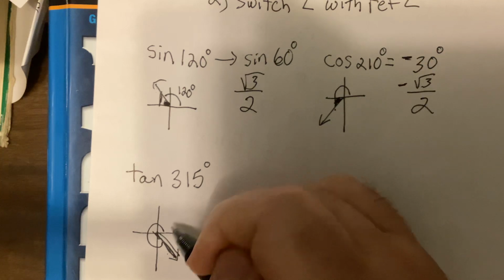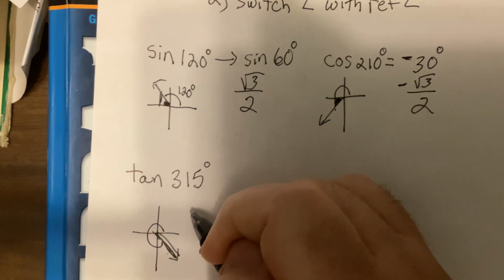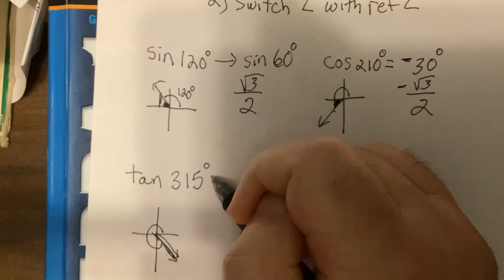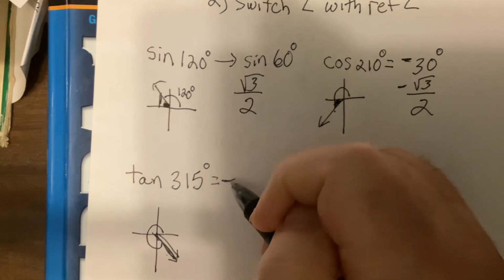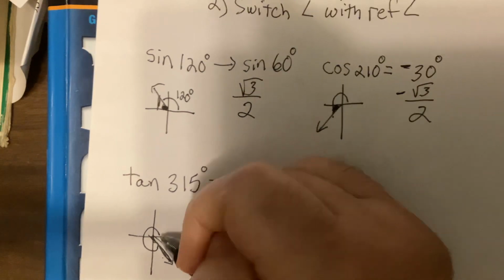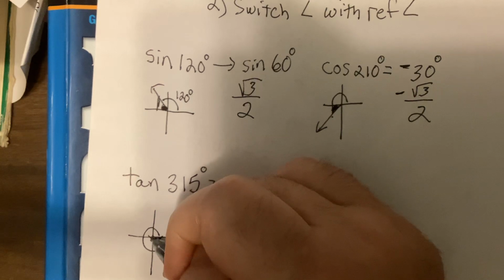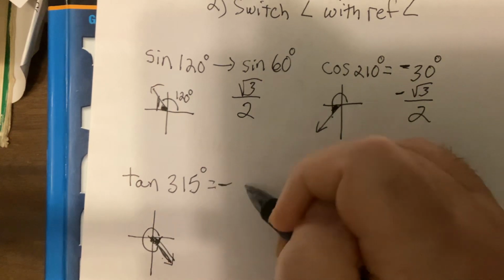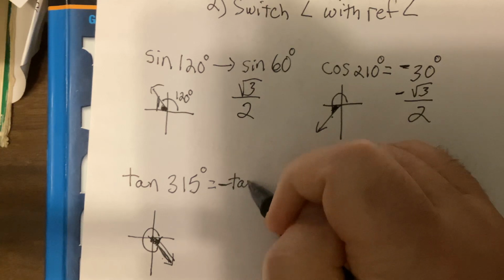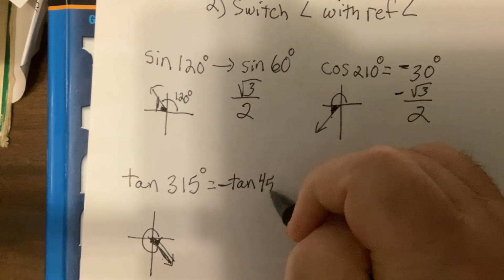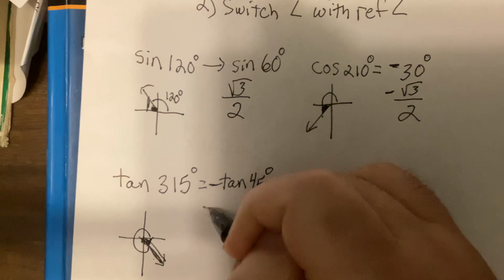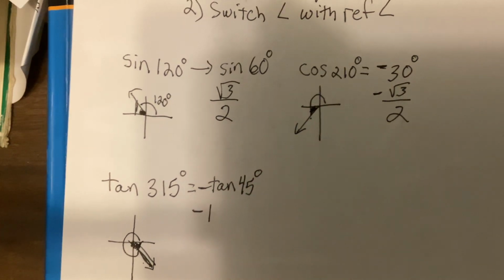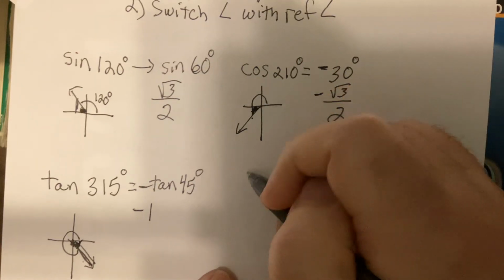A negative divided by a positive is negative, so we know it's negative. And how many degrees is between the terminal side and closest x-axis? Well, that would be 45. And hopefully we know by now, tangent of 45, that'd be 1, so negative 1. Yes, it is.